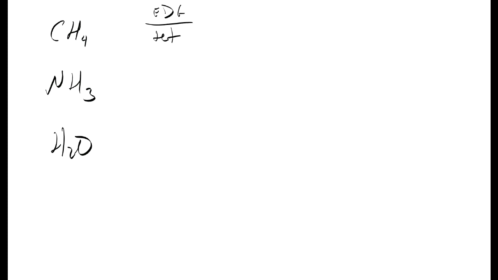So for example, looking at methane, ammonia, and H2O. They've got an electron domain geometry that is tetrahedral because they all have 4 electron domains. So here's methane. Here's ammonia.